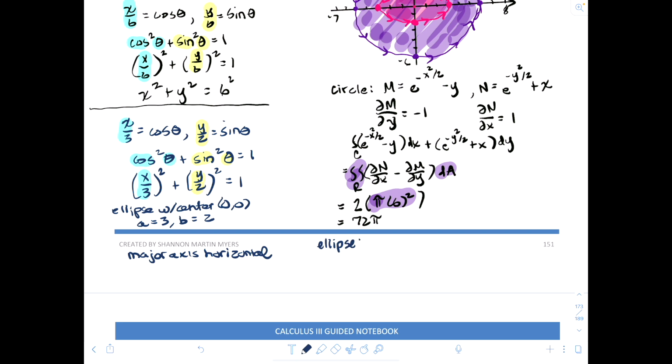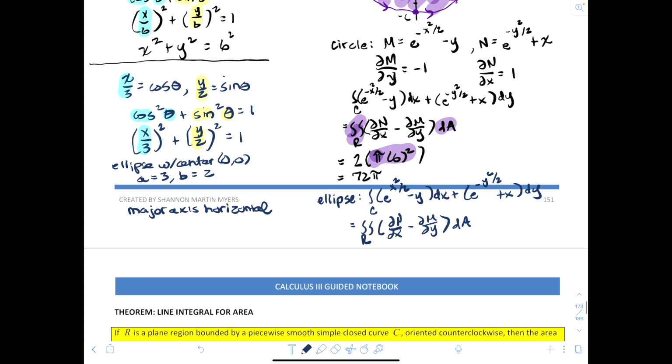So for our ellipse, you're going to have this line integral that's going to equal our region R, and we're going to get again the first partial of N with respect to x minus the first partial of M with respect to y, dA.